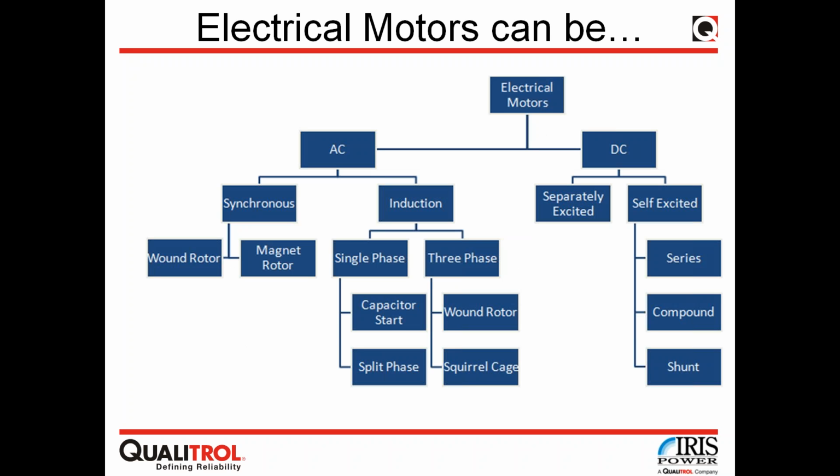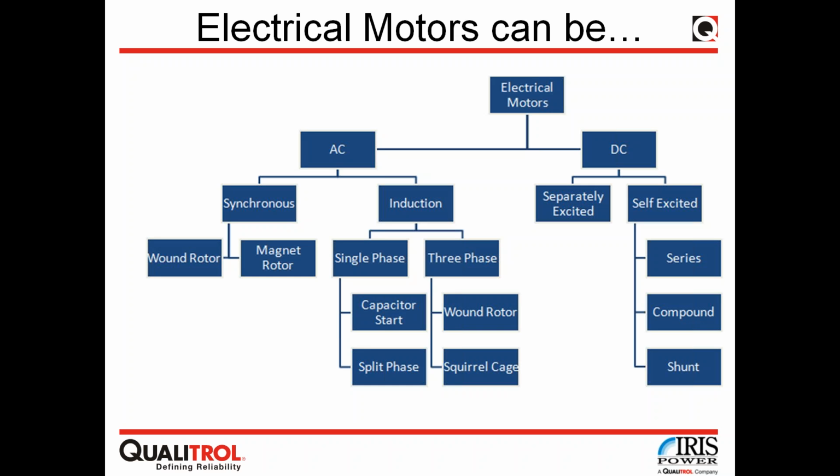The topic of today's story is, as I said before, alternating current, and when we delve deeper into those motors, we can separate them into two types: synchronous and induction motors. There are many divisions within those two groups, and today we'll be talking about wound rotor synchronous motors, so we are not going to touch magnet rotor. And when it comes to induction motors, we'll be talking about squirrel cage induction motors.